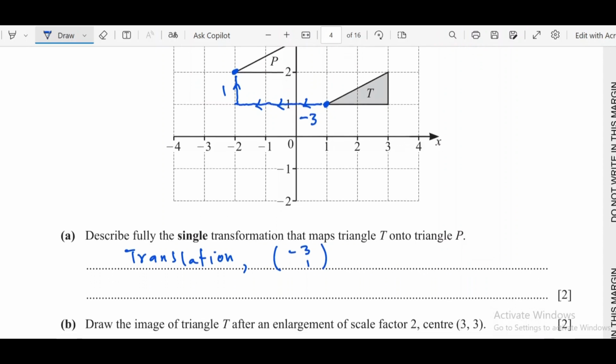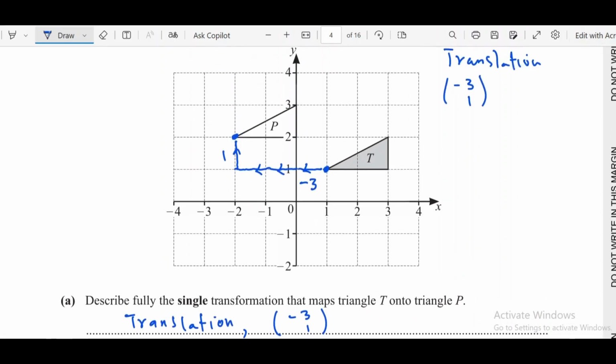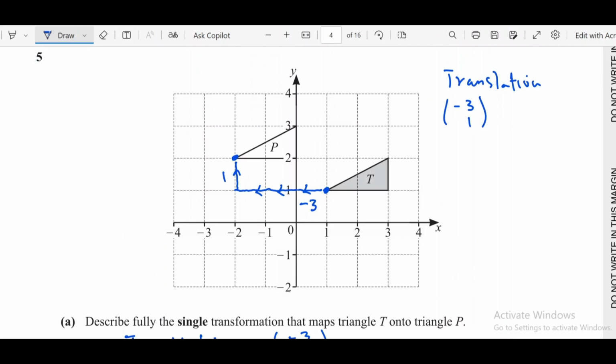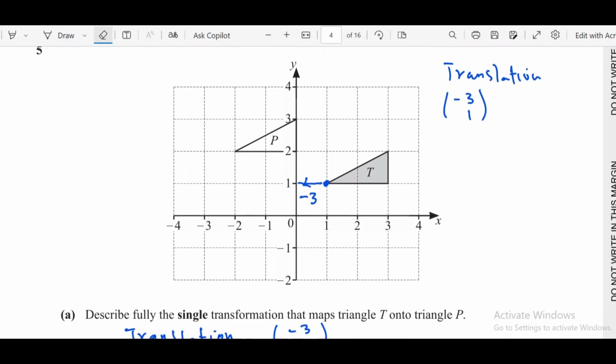Then let's look at another one. We are asked to draw the image of triangle T after an enlargement of scale factor 2, center 3, comma 3. So if we go here, let's rub off this. If we take the center, this is the center here.